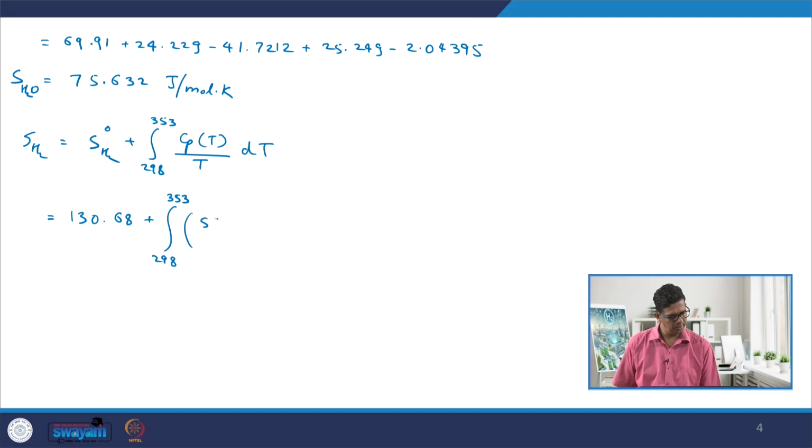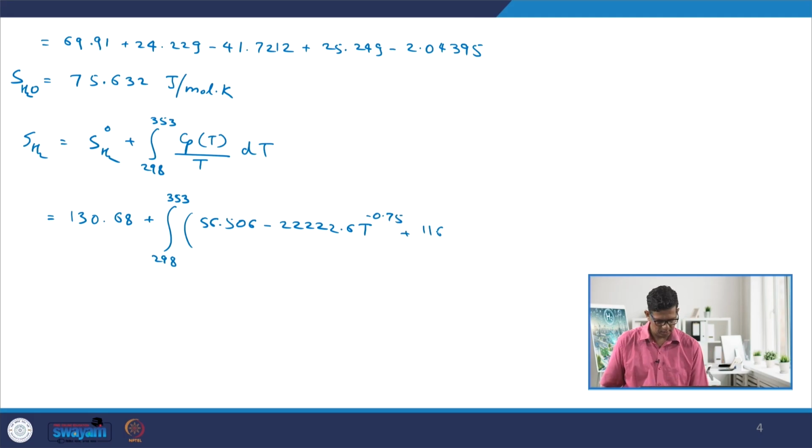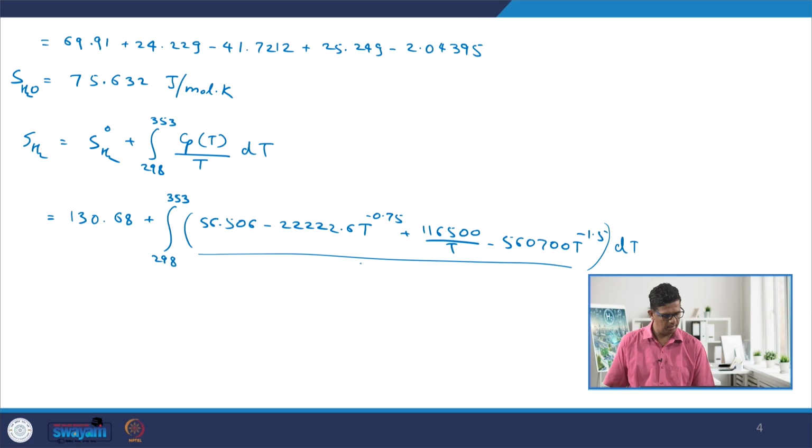Now, this is 56.506 minus 22,222.6 times T to the power minus 0.75 plus 116,500 by T minus 560,700 times T to the power minus 1.5, bracket complete dT, and this is whole divided by T.